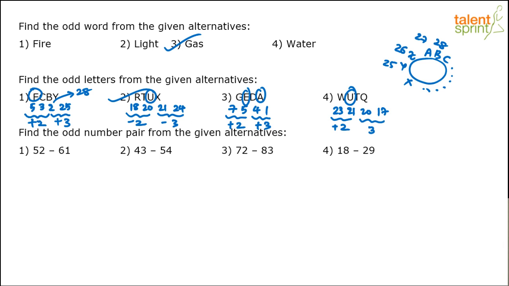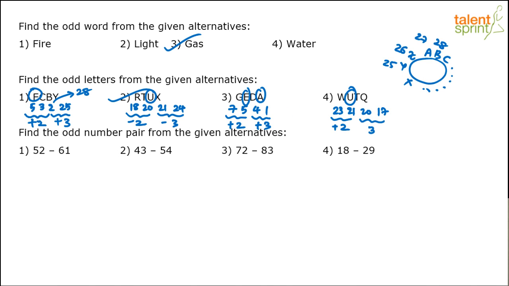And in my view, what we have done with differences looks like a stronger or a solid reason compared to the number of vowels. Sometimes it is based on number of vowels also. I don't deny that, but here I think option 2 sounds better, because in GEDA we have got two vowels. All other words have got one vowel is not that strong a reason as against what we have done here.